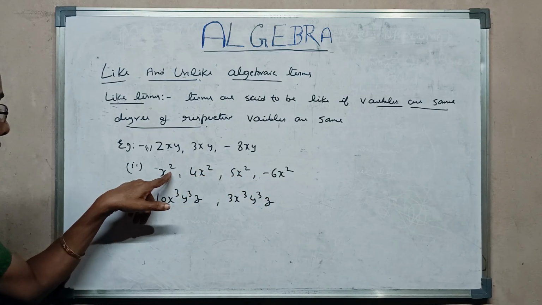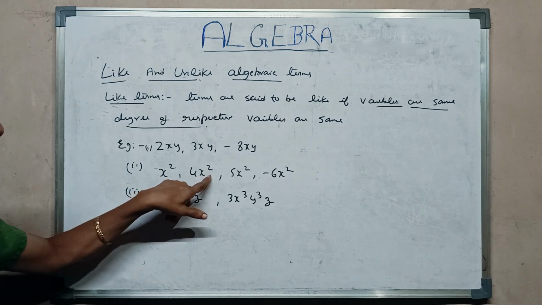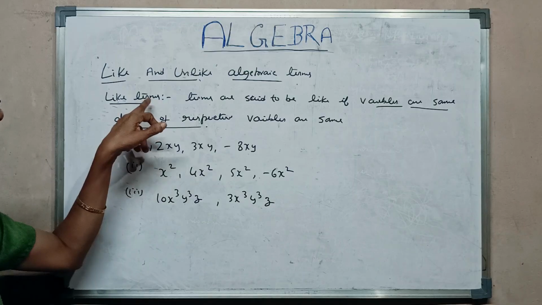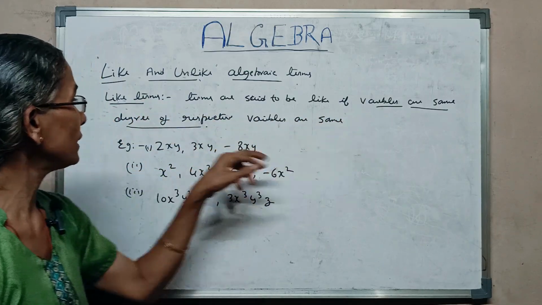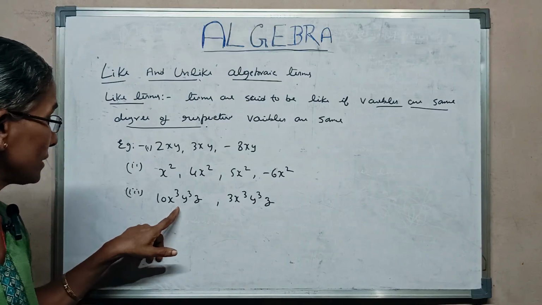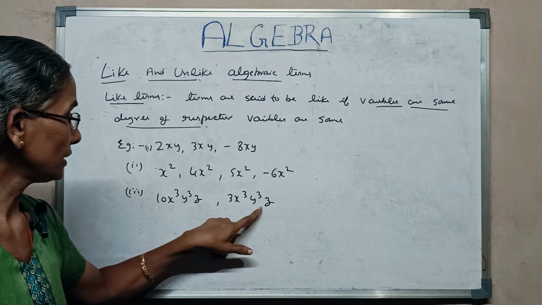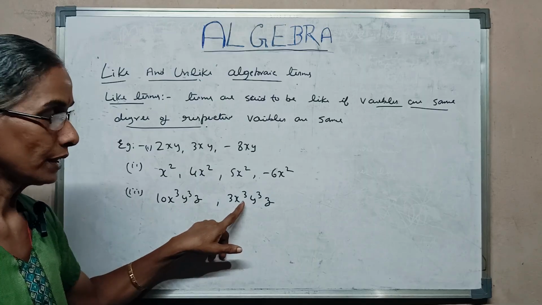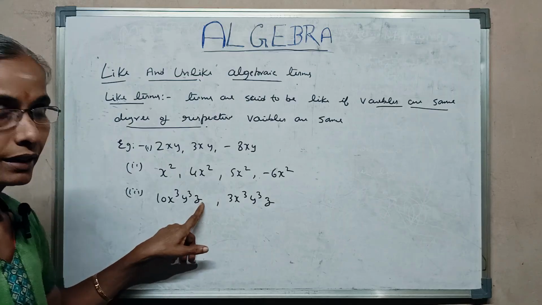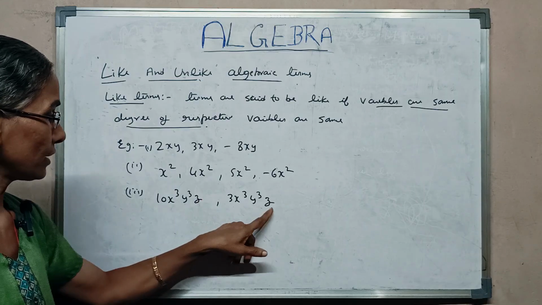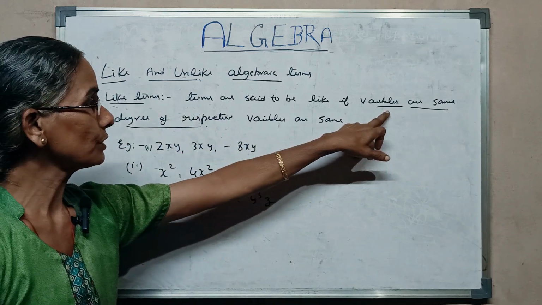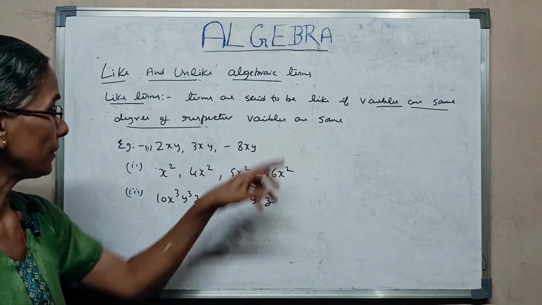And the degrees: x square has degree 2, 4x square degree 2, 5x square degree 2, 6x square degree 2. In the third example, the variables are x, y, z, x, y, z. Here x cube, y cube means degree 3, 3. And z has degree 1, here also z, degree 1. So like terms means the variables are the same and the respective degrees are also the same.